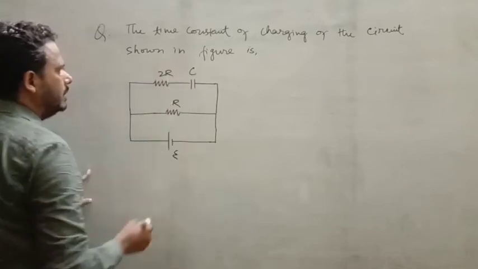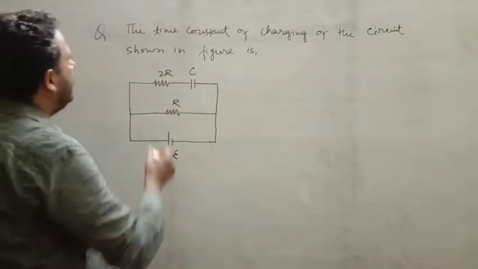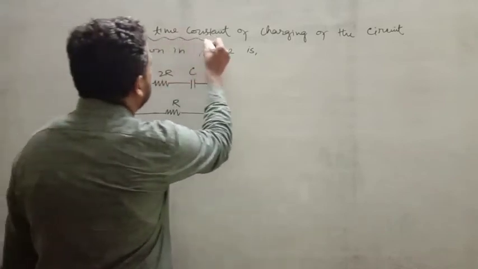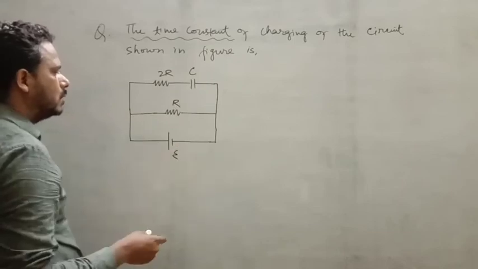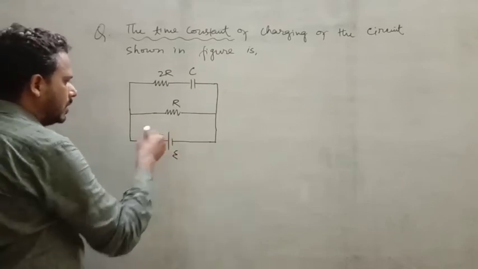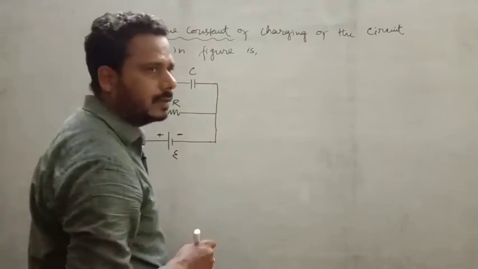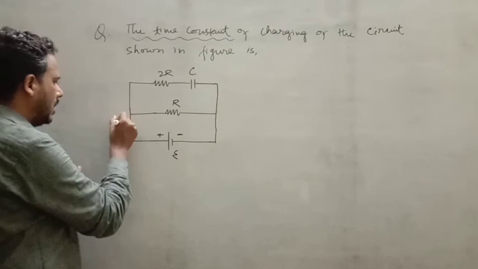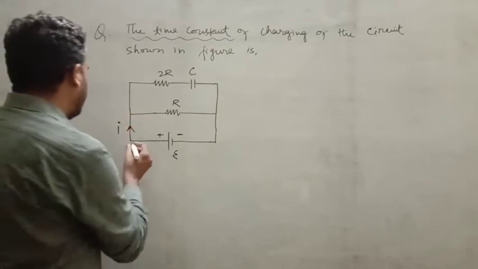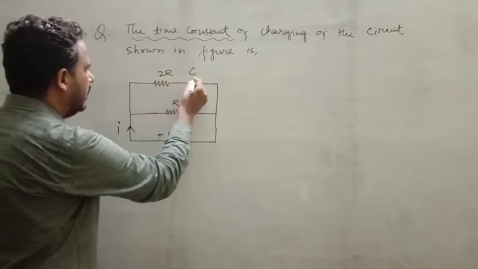Alright. Now from here what you have to find? You have to find the time constant during the charging. So what happens? This one is your positive terminal and this one is your negative terminal. Alright. So from here your current I flows in this direction. Whenever it flows, it goes through there and charge will be deposited here.